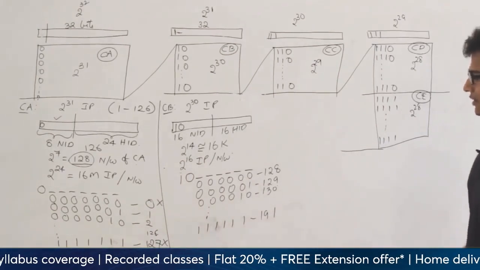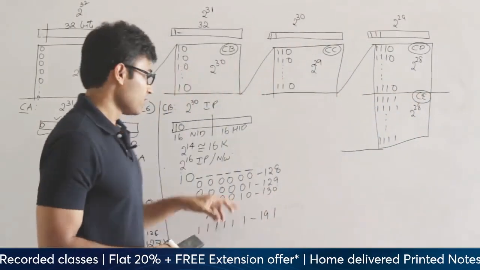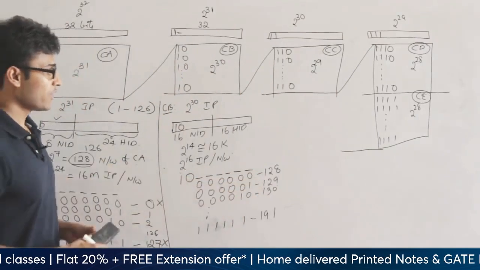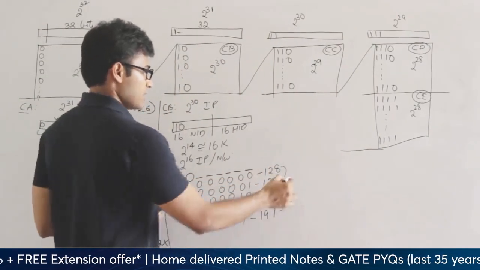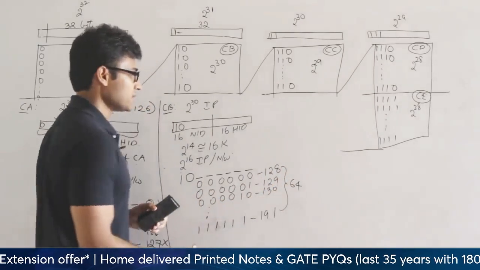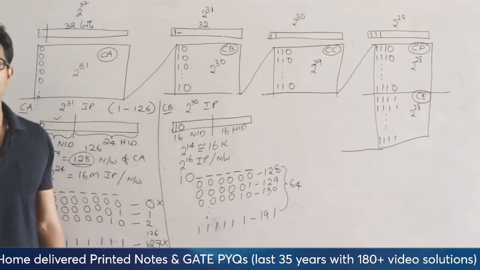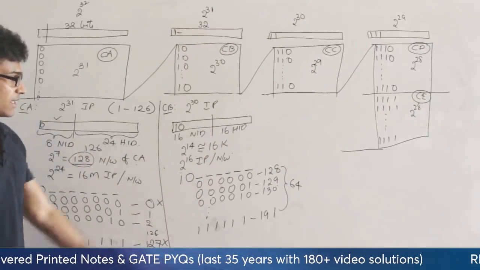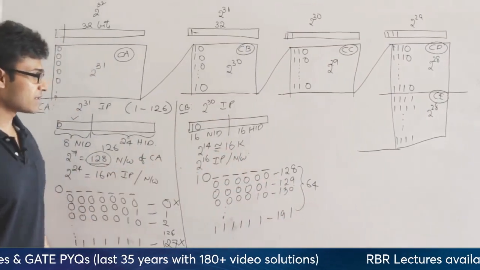Now one interesting question: if you look at the range of class B, you might get confused. I am showing only the numbers 128 to 191, which is 64 numbers, but then I am saying that there are nearly 16,000 networks. How is it possible?